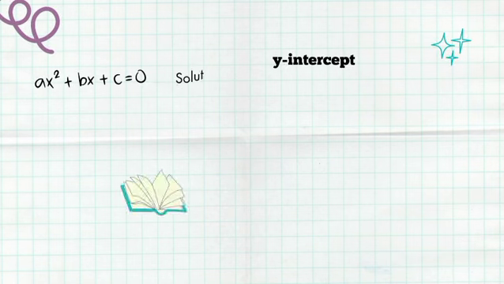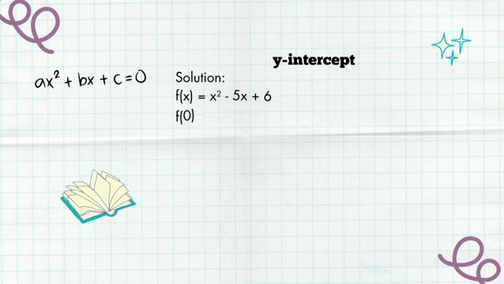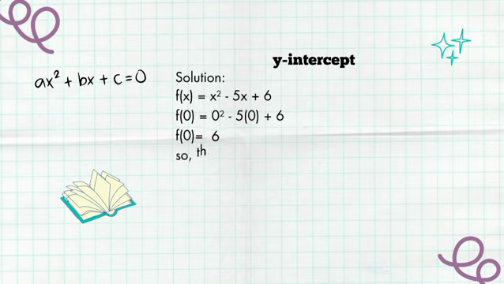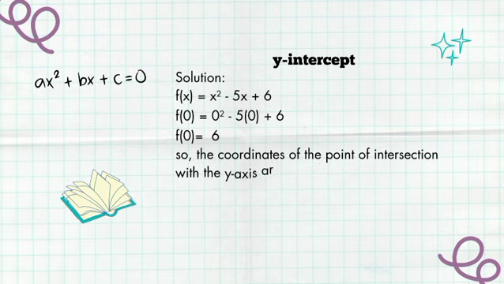So the solution: f(x) equals x squared minus 5x plus 6. f(0) equals 0 squared minus 5 times 0 plus 6.